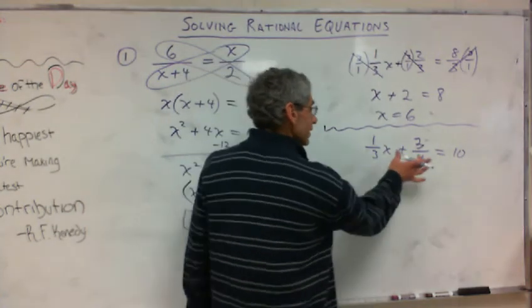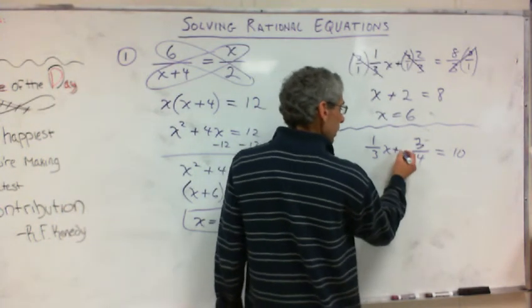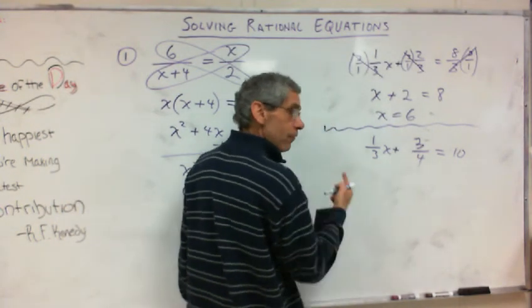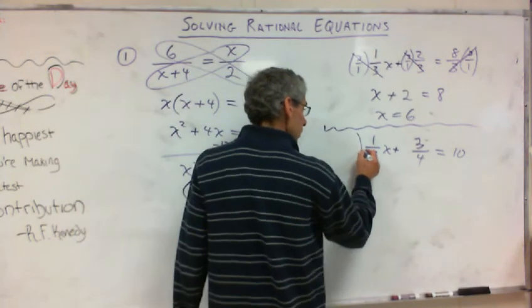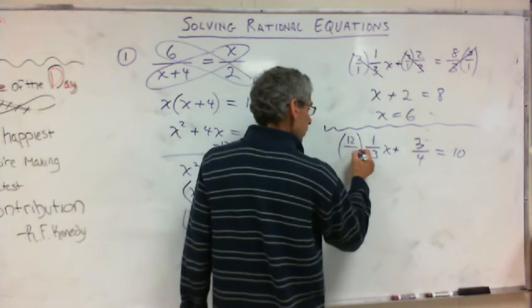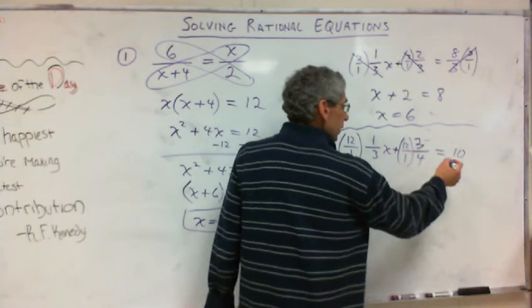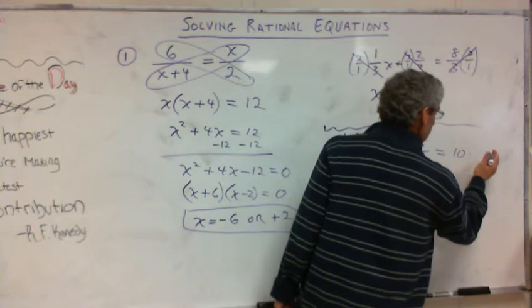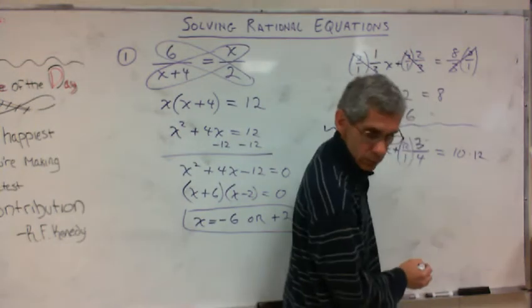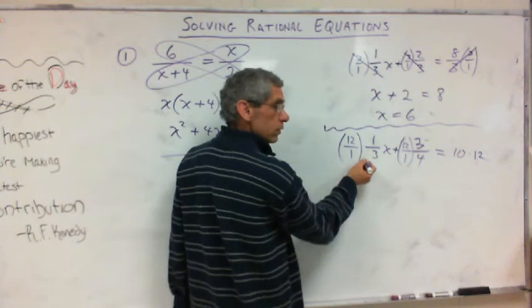12. So instead of multiplying times 3 and then multiplying times 4, let's multiply everything times 12. Okay, watch this. If you multiply that times 12, this times 12, and this times 12, then look, 3 goes into 3 once, 3 goes into 12 4 times.